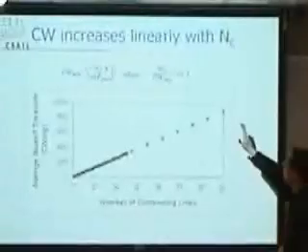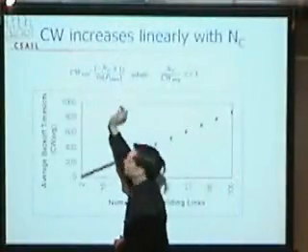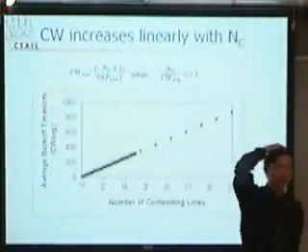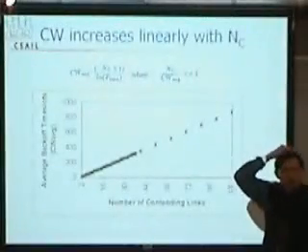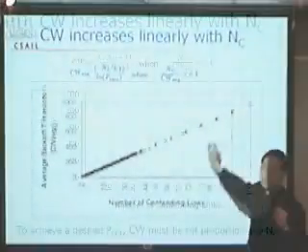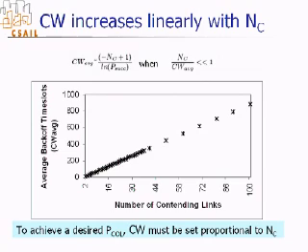It has some advantage. And this equation, if you just focus on this, it just means that it depends on the probability of success, which is what you input. And you just need to grow contention window size linearly with the number of contending links.